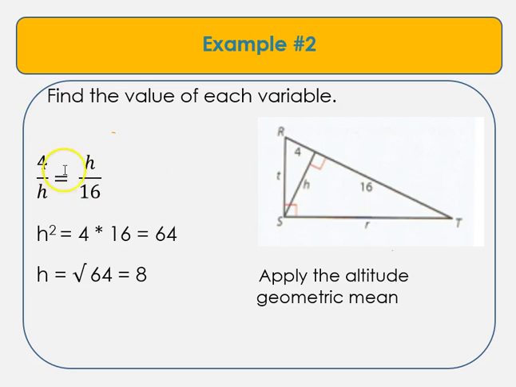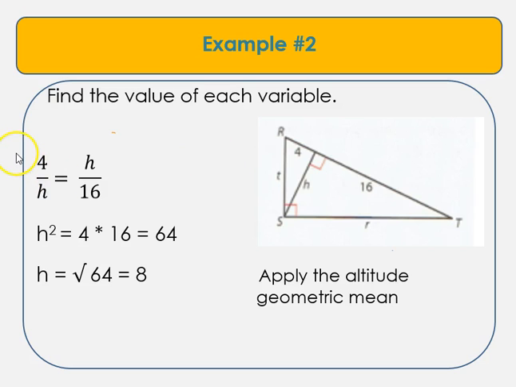I'm sorry, 4 is to h in this smaller triangle, as h is to 16 in the medium-sized triangle. Now, if you're looking for these parts to be similar, they won't be. If you don't understand why, that's because you need to reread the actual corollary.